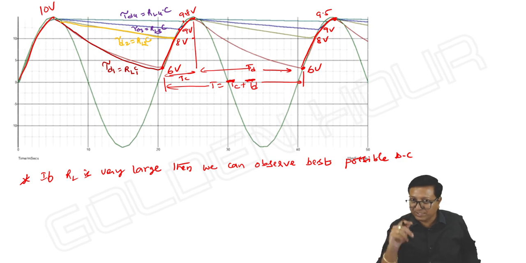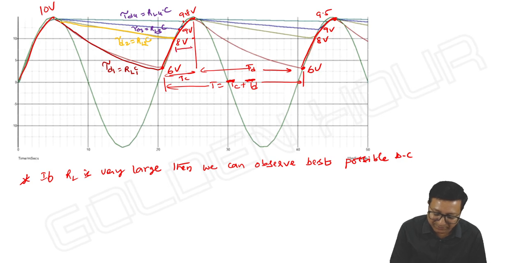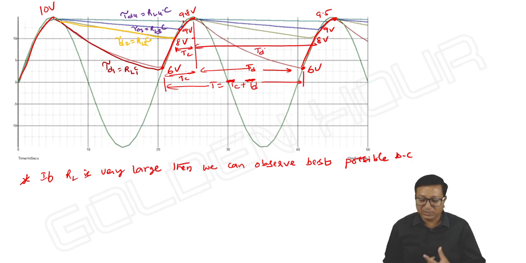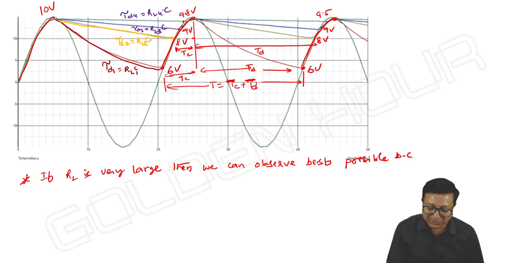Friends, don't think it is a time constant, it is a time interval. In the second case, the charging time will be this much and the discharging time this much, so the charging time is decreasing and the discharging time is increasing. In the third case, the charging time Tc is much less, and the discharging time is increasing like anything.